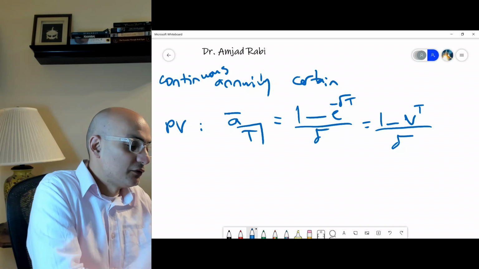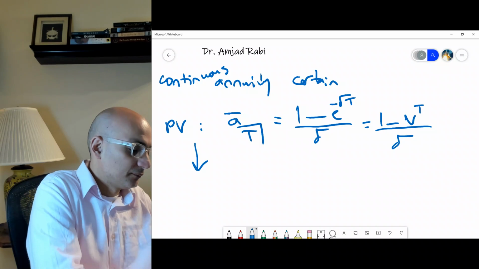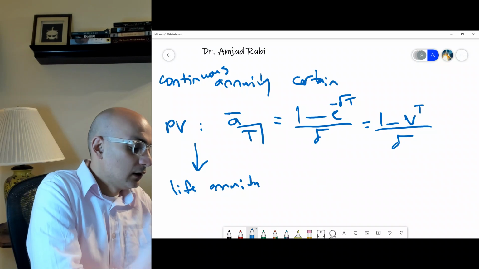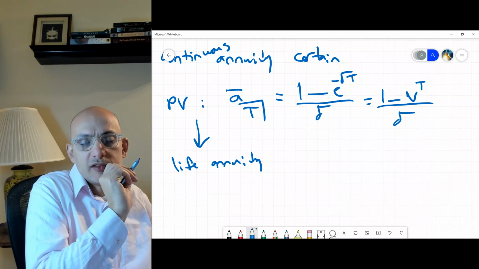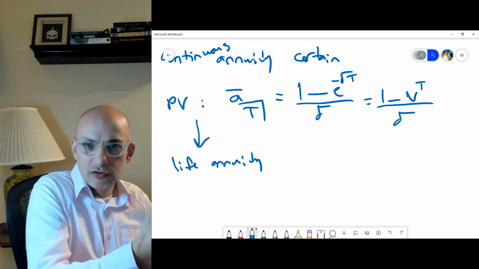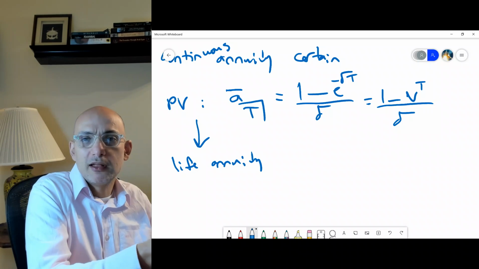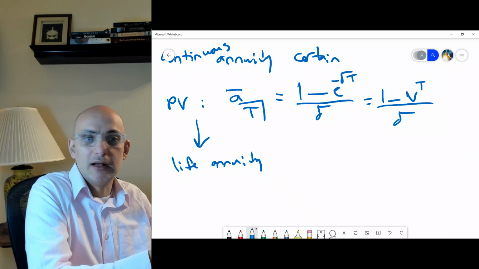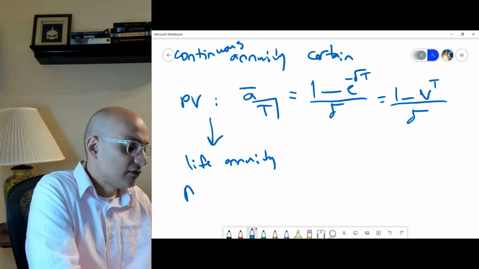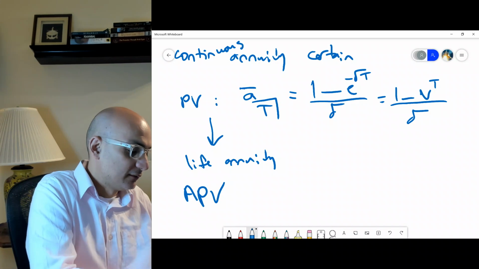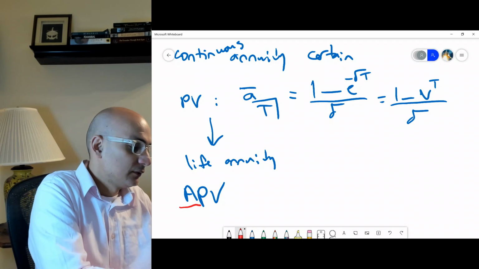How do we move from here to life annuity? Remember, a life annuity is when we make the payment contingent on something, then we take the actuarial present value. It's not the present value, it's the actuarial present value, and there is no bar here.